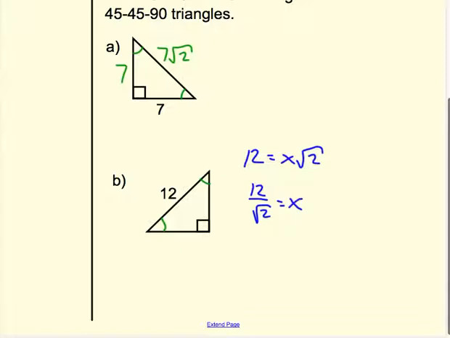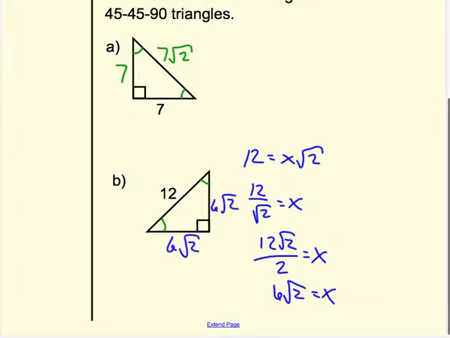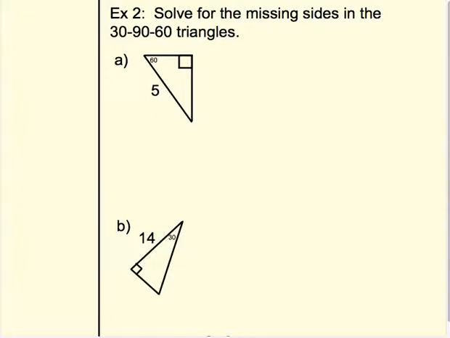Rationalizing, I need to multiply by the square root of 2 over the square root of 2, which in the denominator, the square root of 2 squared is 2, and then 12 divided by 2 equals 6. So each leg is 6 times the square root of 2. And finally, let's take a look at our 30, 90, 60s.